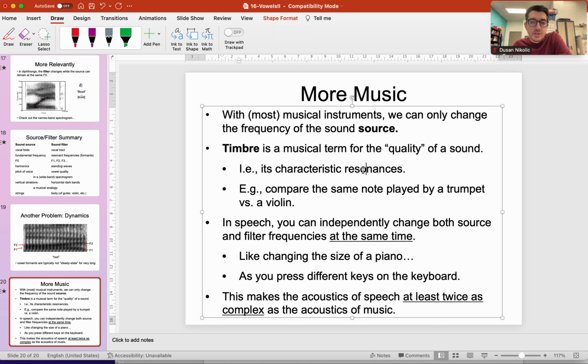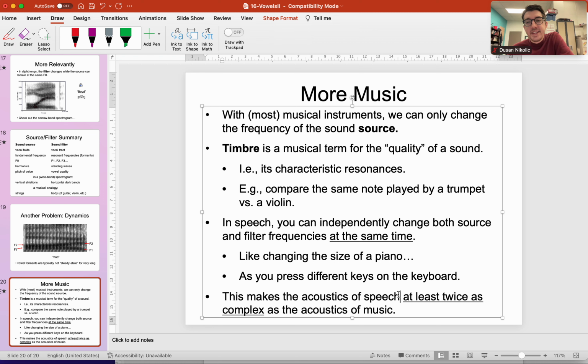That is its characteristic resonances, and you can compare the same note played by a trumpet versus a violin. They would sound different. In speech, you can independently change both source and filter frequencies at the same time, like changing the size of a piano as you press different keys on a keyboard, right? This makes the acoustics of speech at least twice as complex as the acoustics of music.